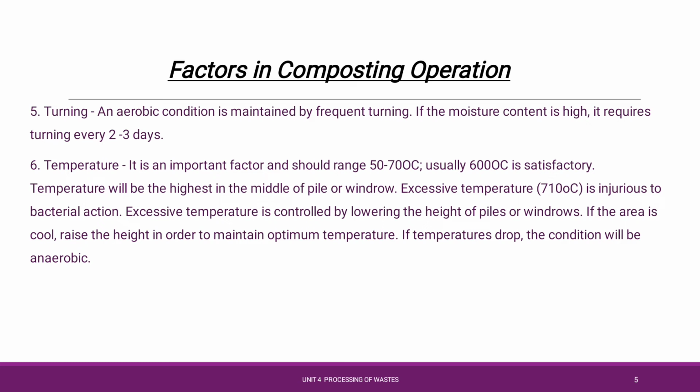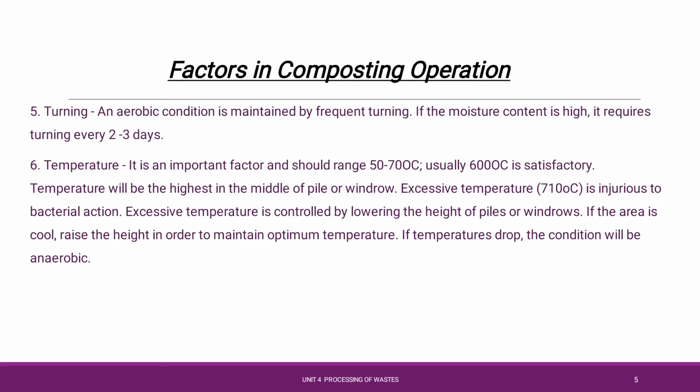An excessive temperature of 70 degrees Celsius or higher is very injurious to bacterial action. So in order to control the excessive temperature, the height of the static piles or the windrows must be lowered, so that lowering can improve temperature maintenance and optimize the temperature.